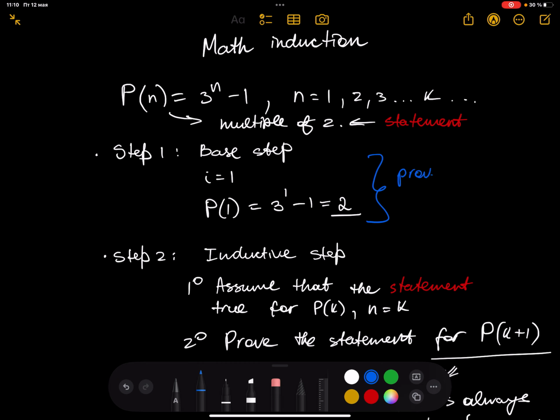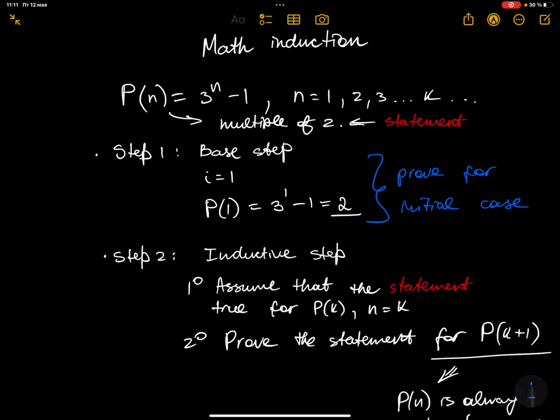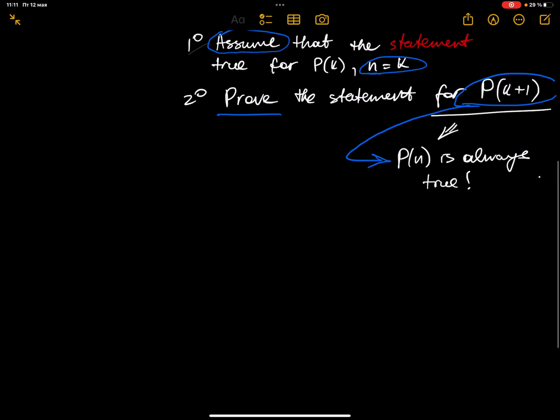Then in the second step, the inductive step, firstly you assume, and this is very important, that Pk is true for n equal to k, and then you prove the statement for the case k plus 1. That leads you to proving that our initial statement, that Pn is always a multiple of 2, is correct.